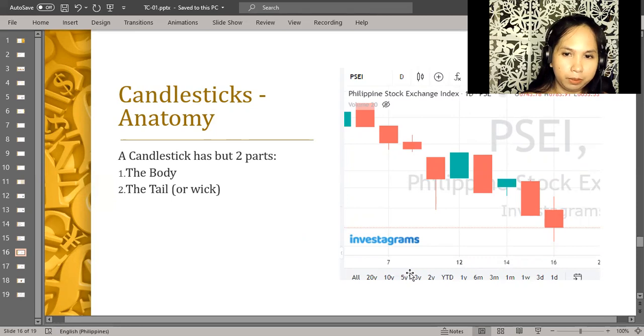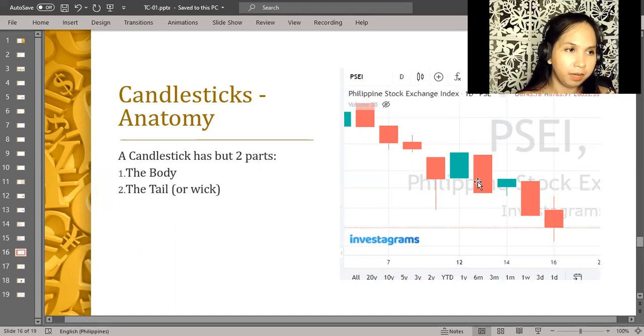as this video progresses. The color of the body generally determines if the stock has traded up. For example, if it has traded up, it's green. If it's traded down, it's red for the day. By the way, for today, let us assume we are using the daily chart as our time frame.